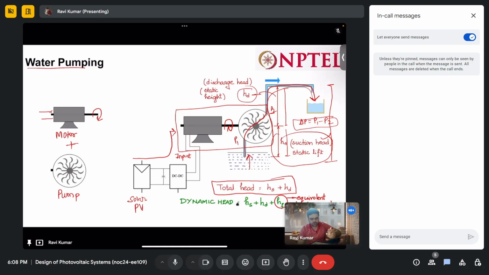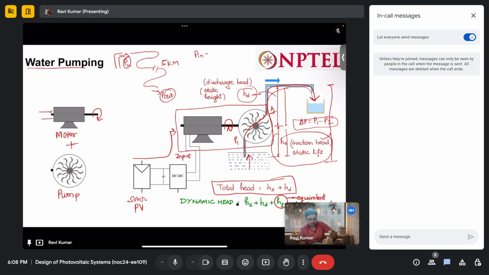Okay, let me ask you one question. If this is a water pump, or water coming from a pump at a particular pressure, and you have a pipe, let's say 5 kilometers long, and then some pressure is coming out. So the pressure which is going in, let's say P in, and pressure out, will it be equal?